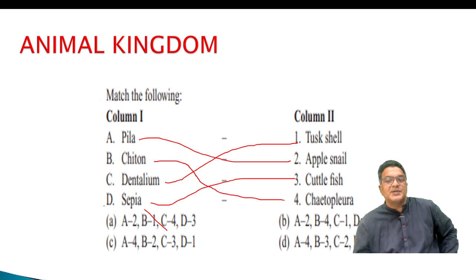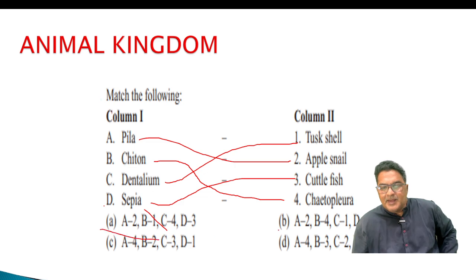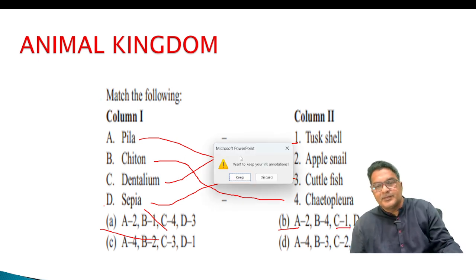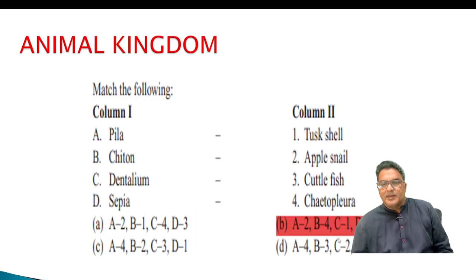Most of these kinds of questions you will find in previous years. They look a little non-NCERT, but they are not; with the options you can manage. Apple snail, A2, here it is, first option and second option. The remaining are gone. Dentalium, tusk shell, C1, it's over. This is the answer. So the answer is the second option.